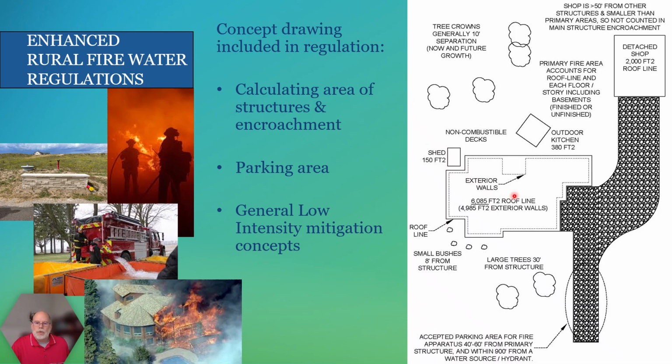So we're going to look at the total square footage of each floor, including the roof line for the upper floor. We're also looking at any roof lines or areas within the 50-foot encroachment. So if we have a shed or a chicken coop or an outdoor kitchen area, any of these areas that are within a 50-foot encroachment of that structure, that area needs to be accounted for.